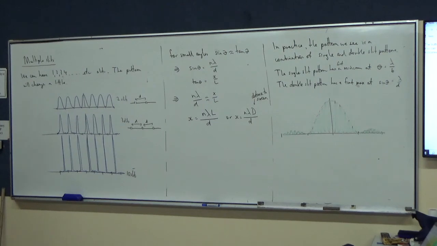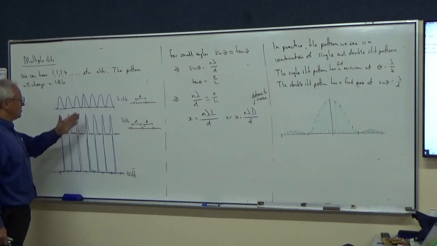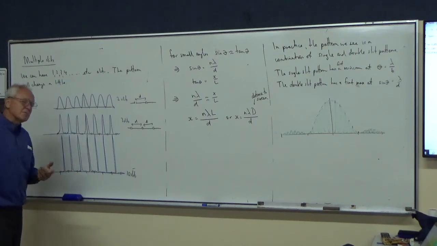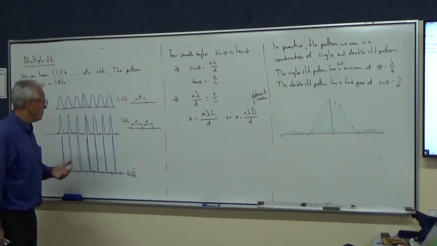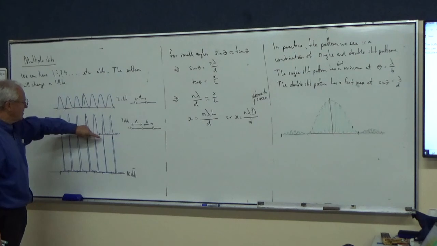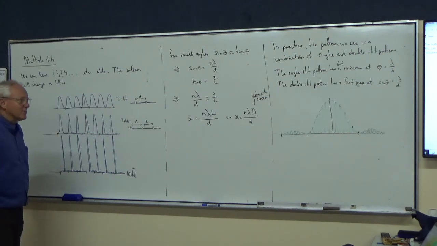So, there's a number of things to note from this. The positions of the maxima are in the same places. Central max, first max, second max, third max. Exactly the same as for the double slit.